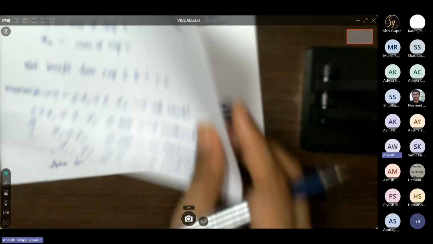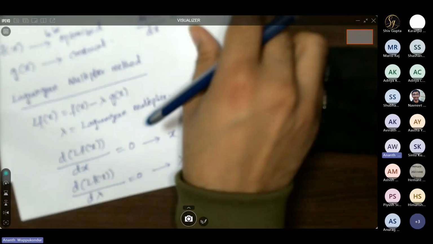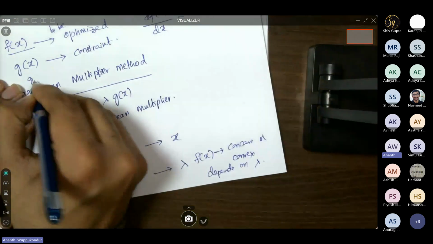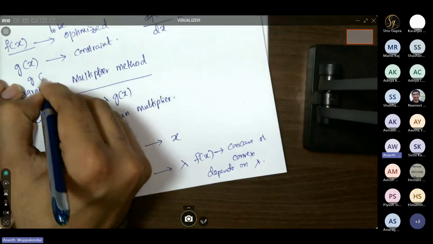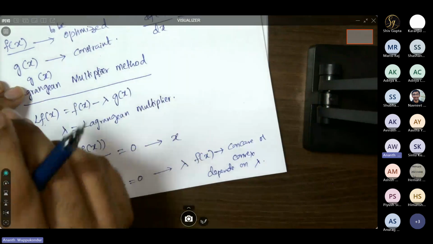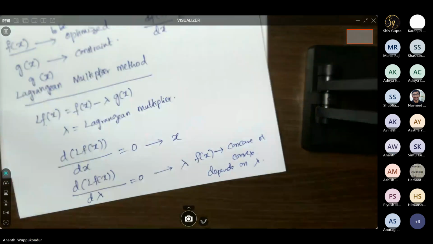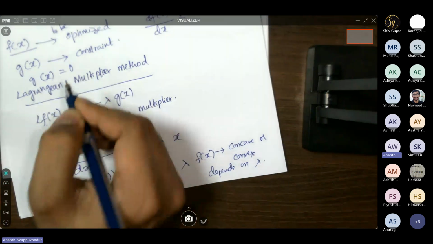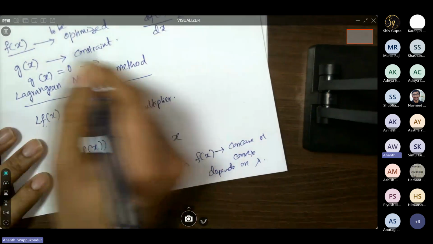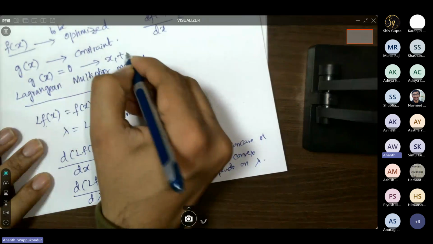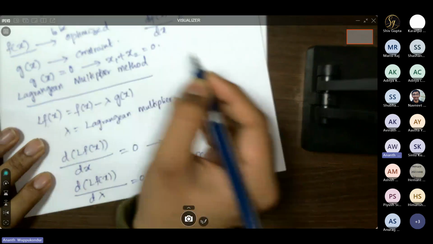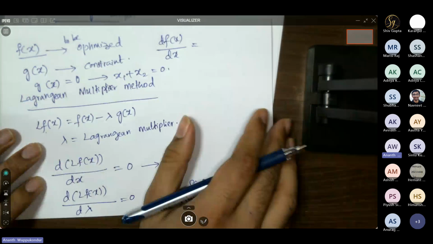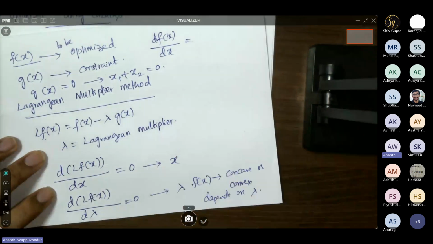So here, what we looked at is, let us say we have a function f of x that is subject to a constraint g of x, right? Now, this could be g of x equals 0. So let us say it could be x1 plus x2 equals 0. So this could be our constraint where we have an equality. So g of x equals 0.